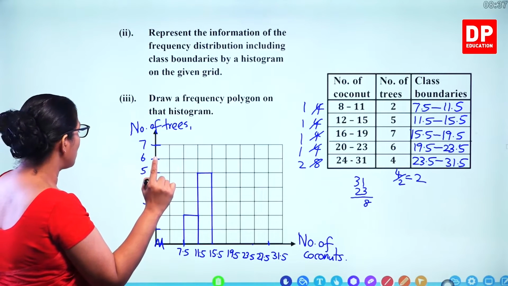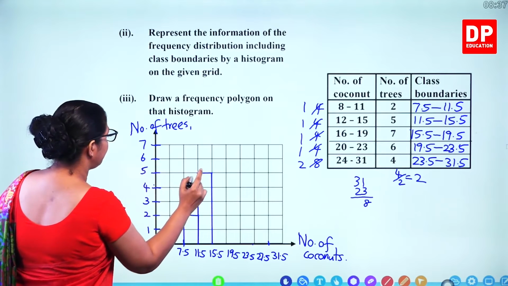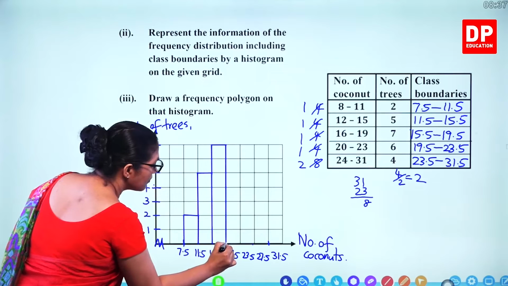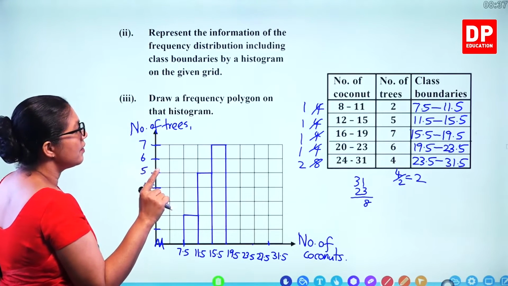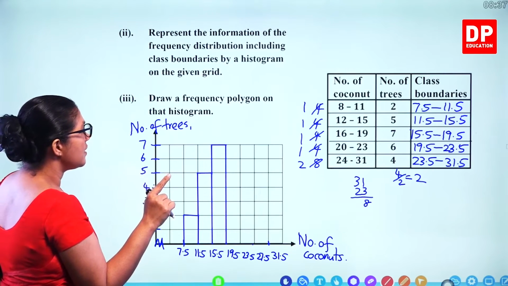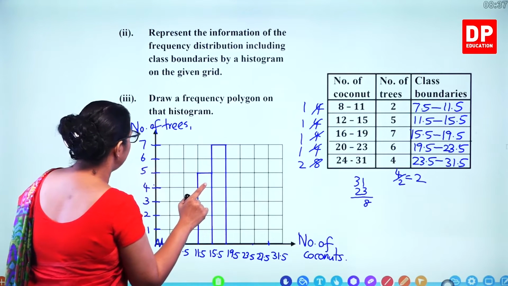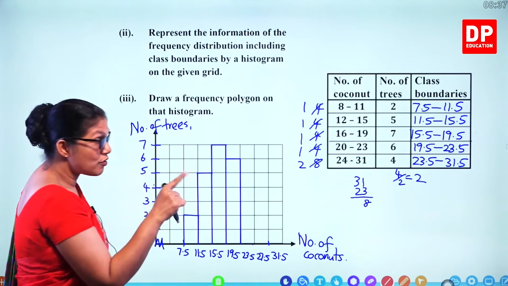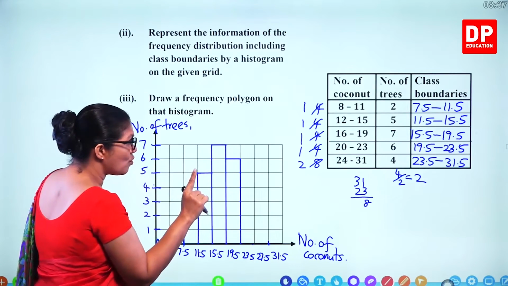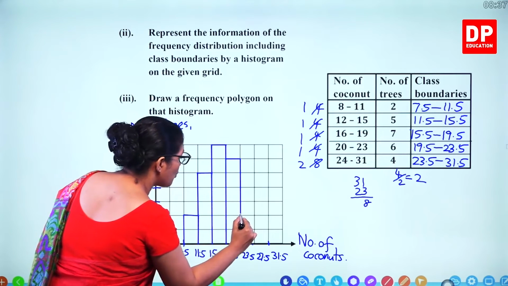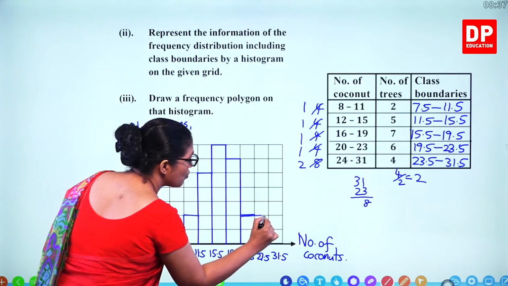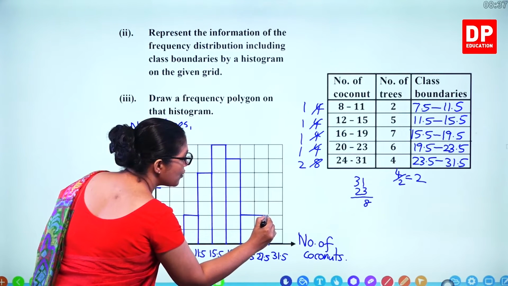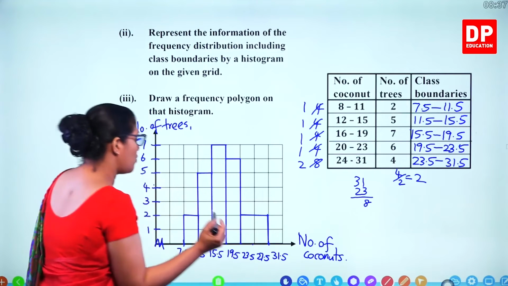Then 15.5 to the next, that's 7. Then 19.5 to 23.5, that's 6. And for the other one, you have to take 2 each, so 2 and 2, 4.